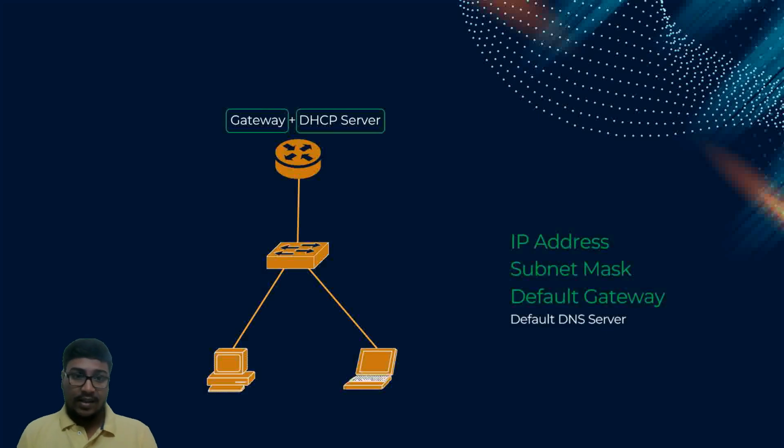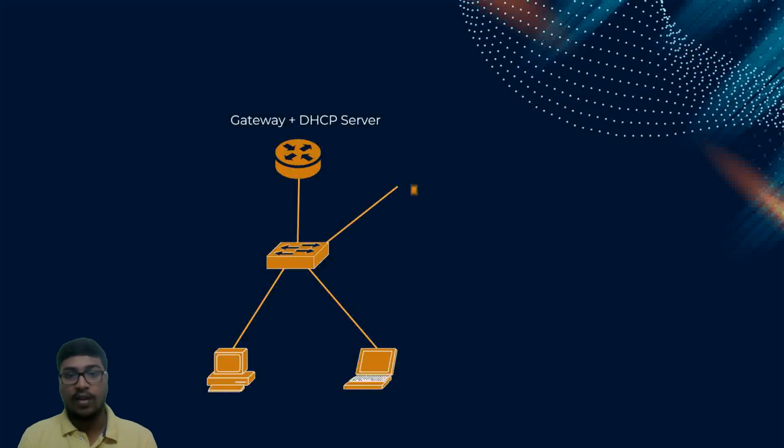So what we can see is that the router in this network takes care of the first three demands that are supposed to be fulfilled, but unfortunately we do not have anything to cover the default DNS server. So to overcome this limitation, we're going to introduce a new server in this network which will act as a DNS server.